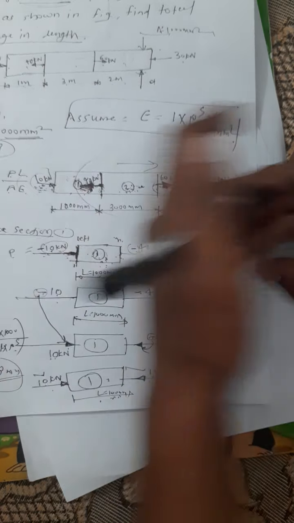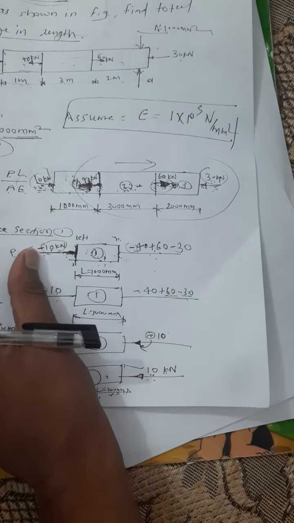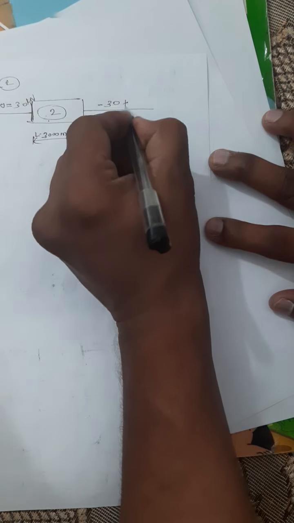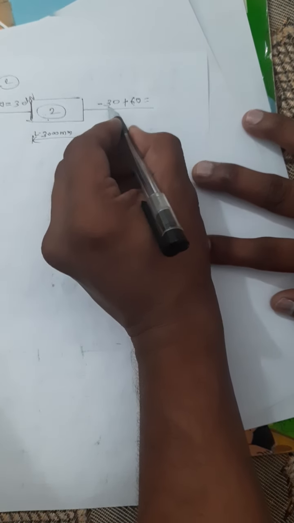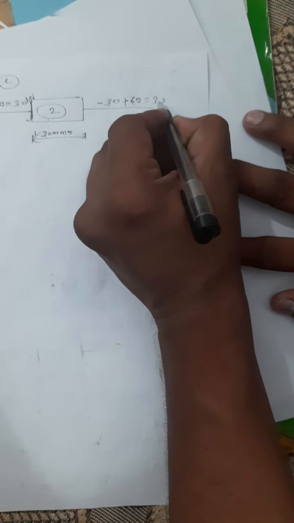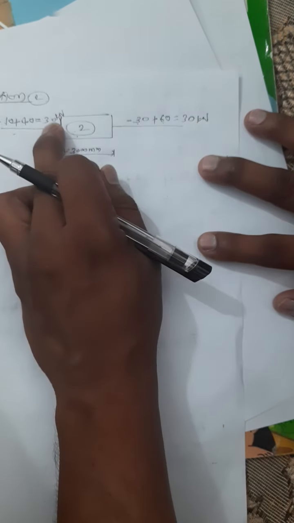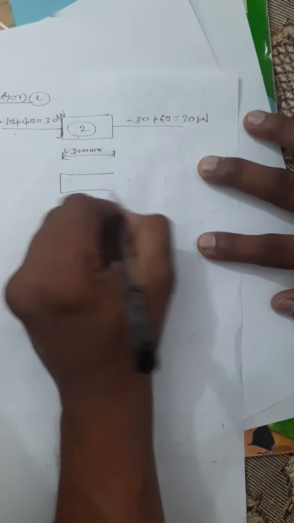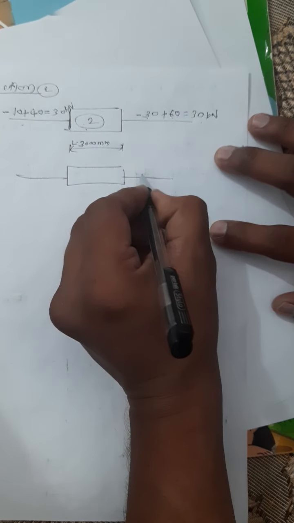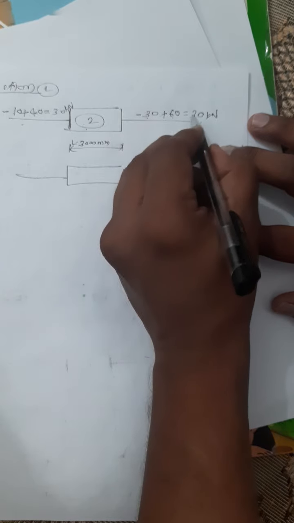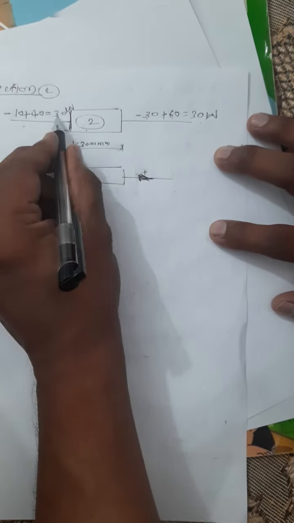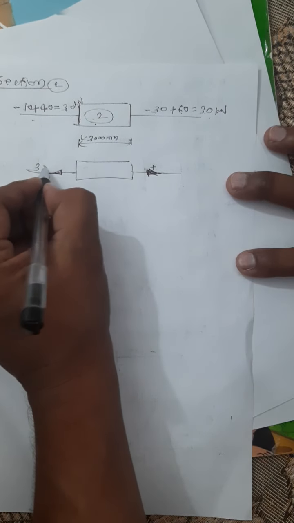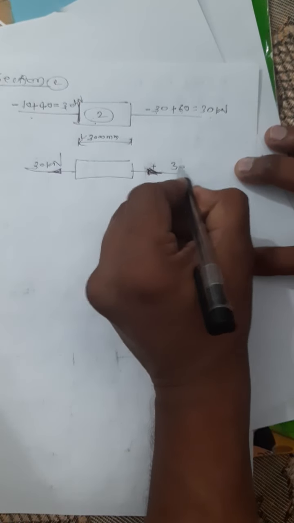Pulling means elongate means plus 60. So 60 minus 30 comes to 30 kilonewton. Here also 30 comes. So in our next figure, plus 30 means tensile. Plus means elongate, so 30 kilonewton.